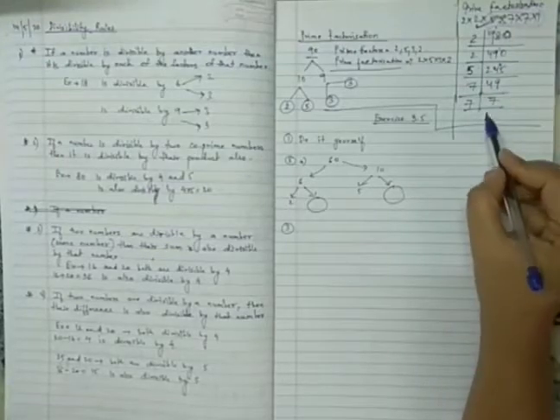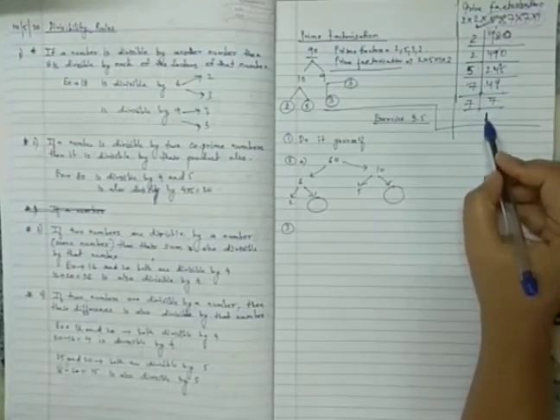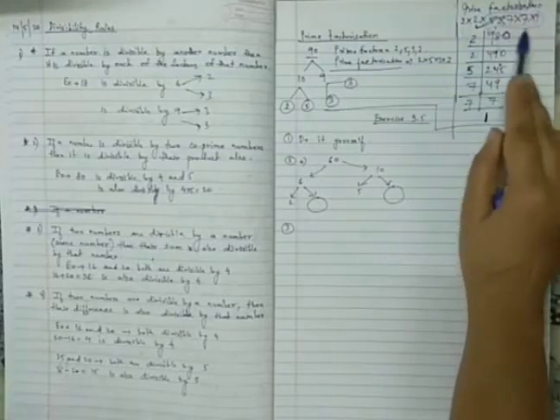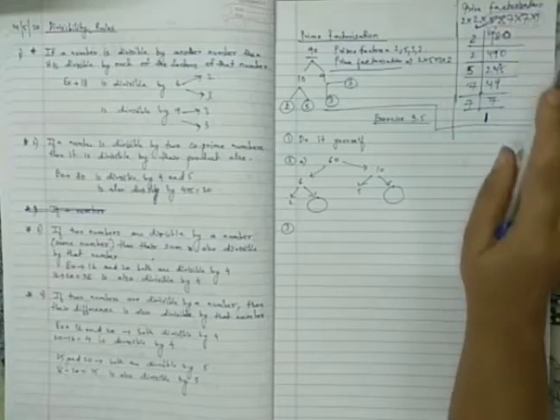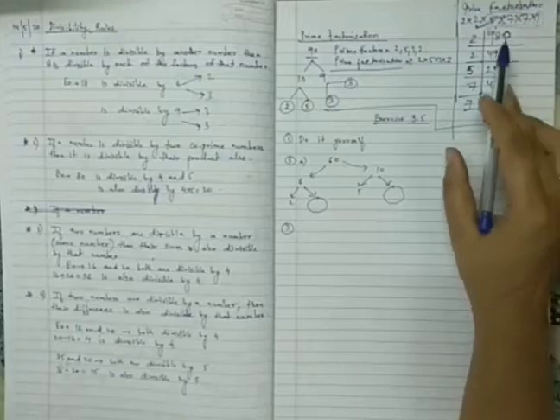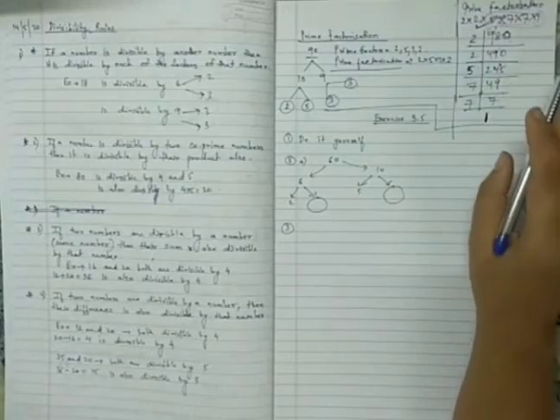You have to stop when you get 1, and you see the end product is all prime numbers. So in prime factorization, the factors will be all prime numbers. So this is the concept.